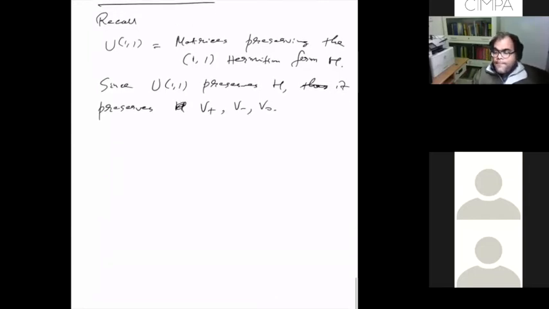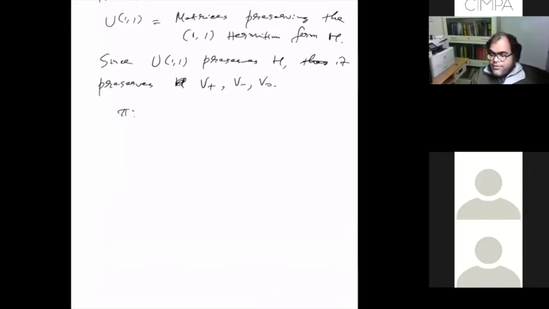And we have this map to C hat, which is the same as the complex projective plane.